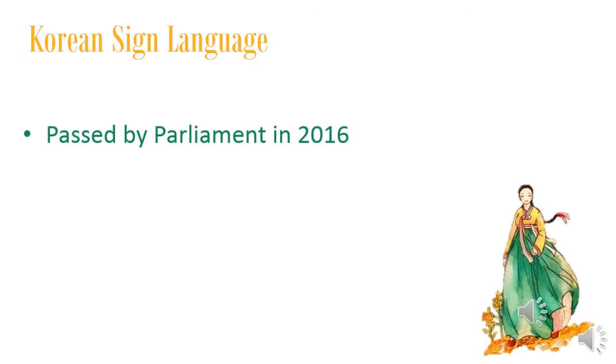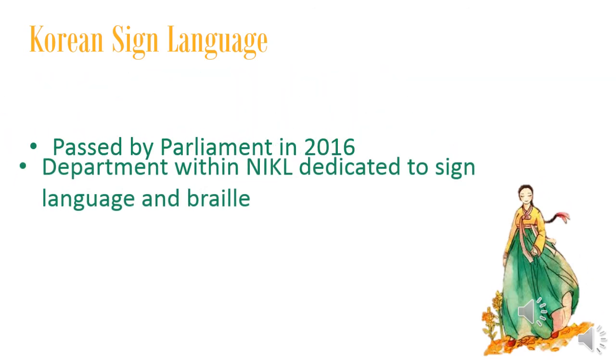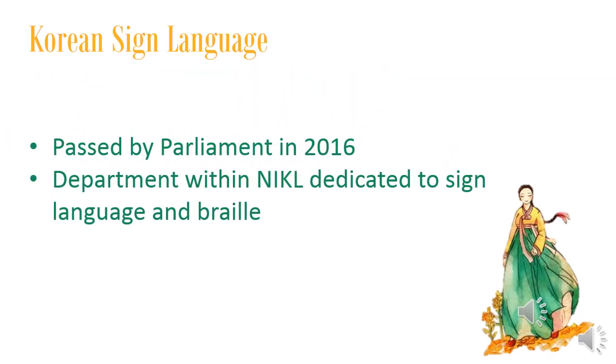This act resulted in the launch of a department within the NIKL dedicated to sign language and braille. This department is focused on researching and making projects to support and enhance the communication abilities of the hearing impaired and the visually impaired through sign language and braille.